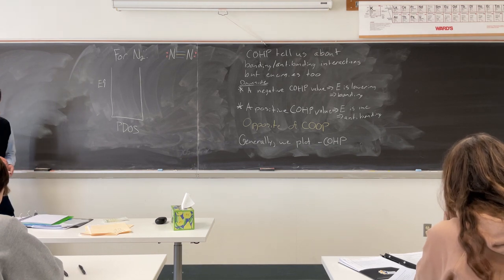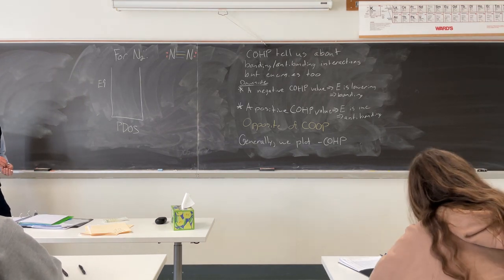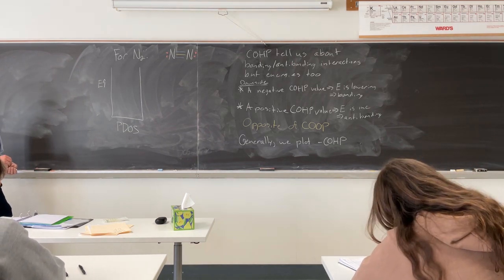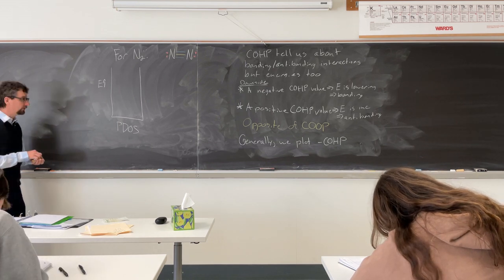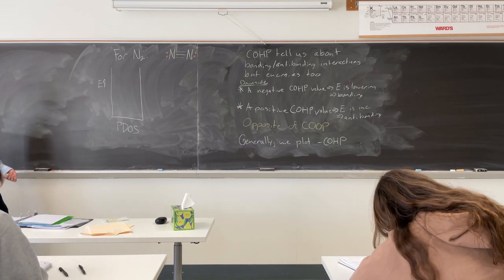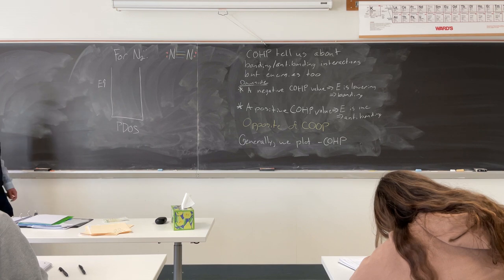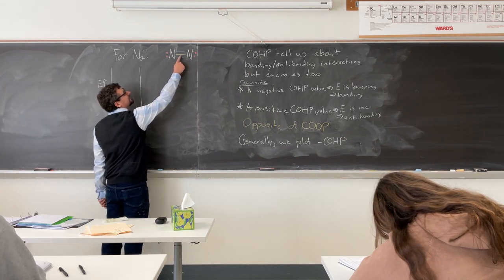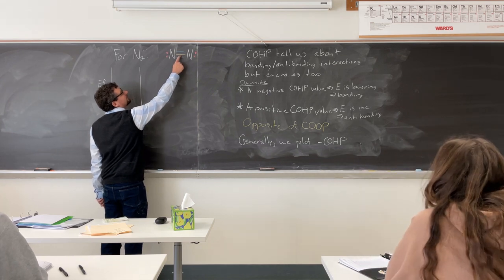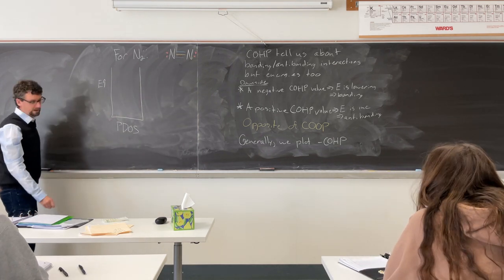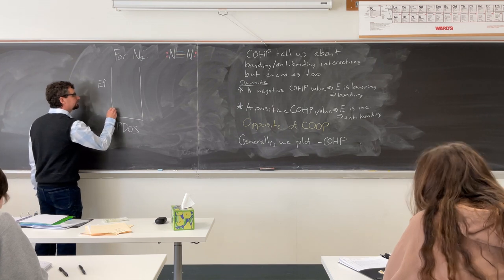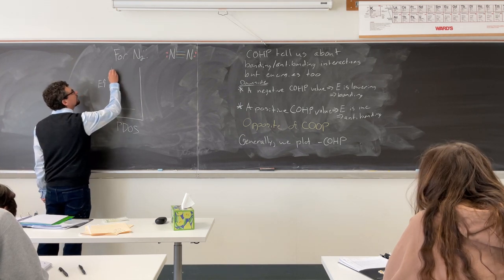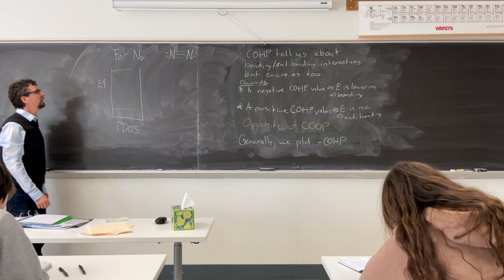Okay, if we do the projected densities of states for these things, I got to get my colors right because they're different from what I have in here. Yeah, this is a sigma bond, right? Yes. Okay, so we got to plot out the sigma bond here and here.